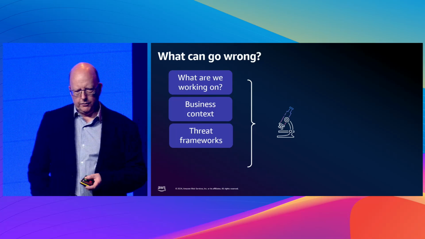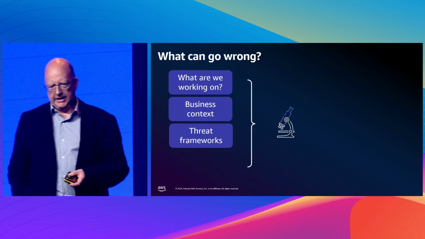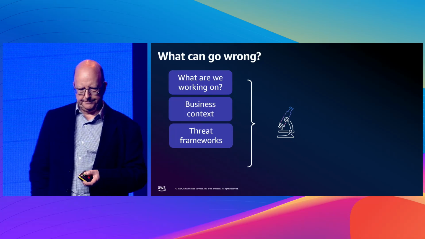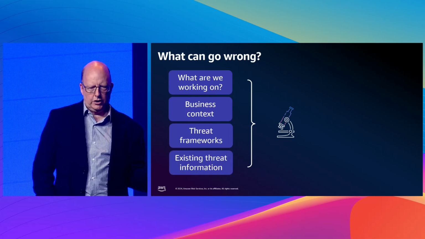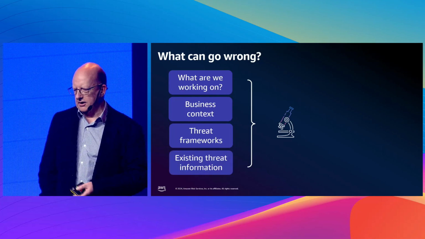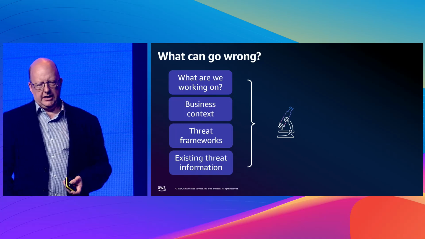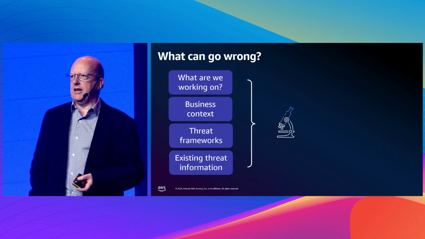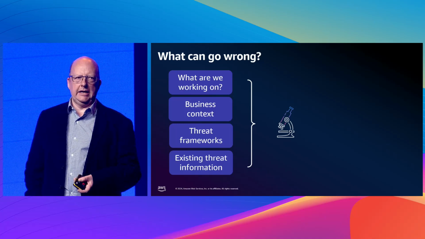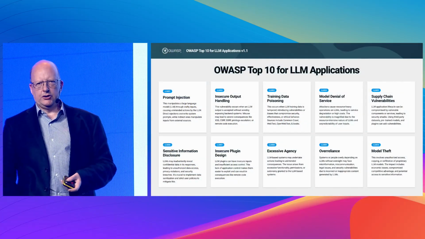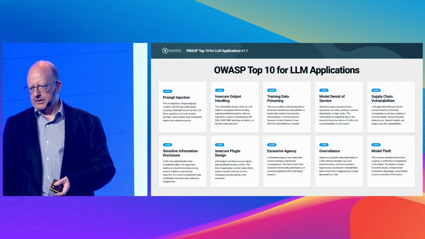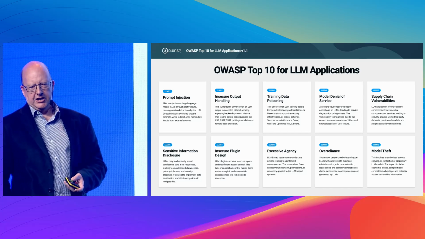Now, another input that we also want to include in our thinking is any existing threat information. So this could be resources such as the MITRE ATT&CK framework, or in our case here, which is going to be specific to generative AI, something like the OWASP Top 10 for large language models, or LLMs. And this is a very brief summary of the top 10 of the OWASP for LLM applications.